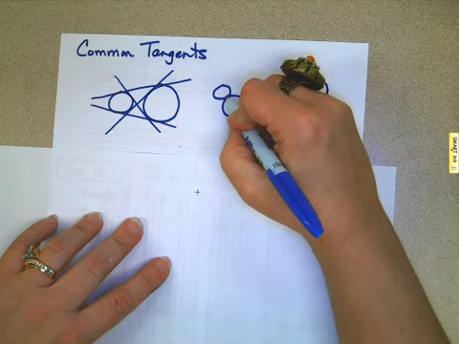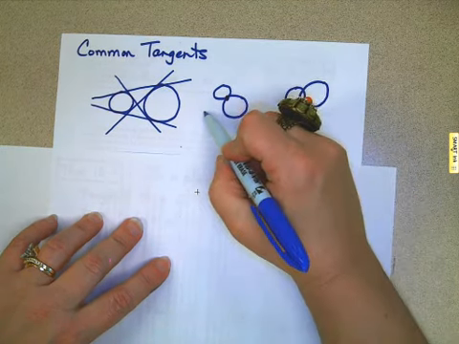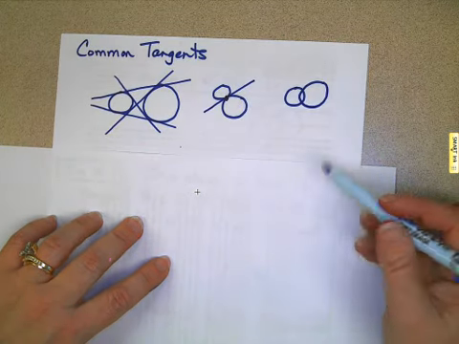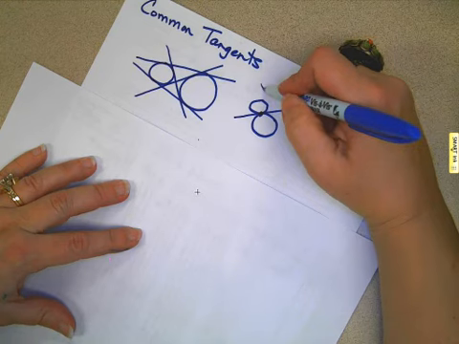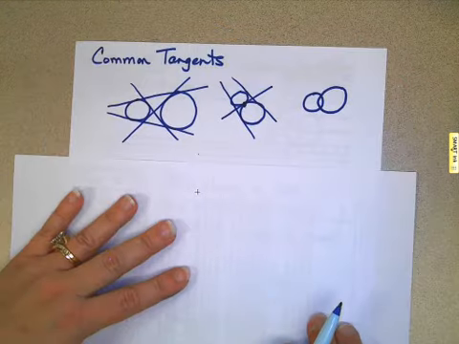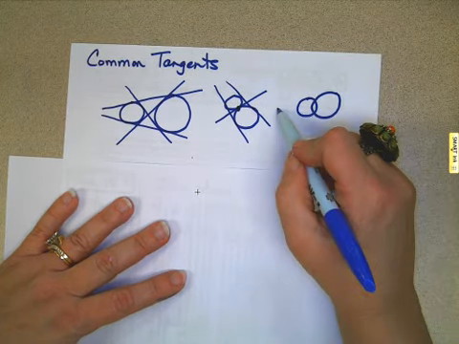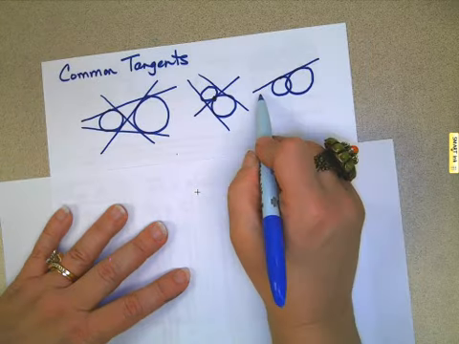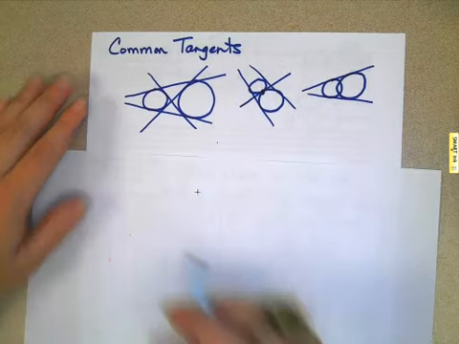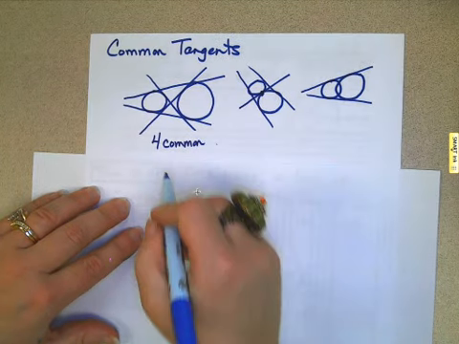Remember, they're meeting just at one point, but remember, it's got to be tangent to both circles. So there is only one line that you can draw through that point that is tangent to both circles. And then, of course, there's this one, and there's this one. So there's 3 here, and in this case, there are only 2. That and that. All right, so we have 4 common tangents.